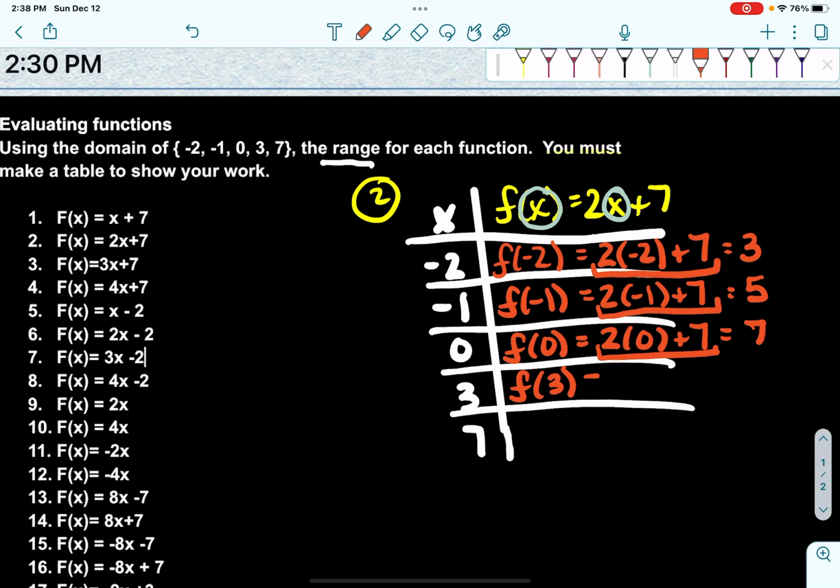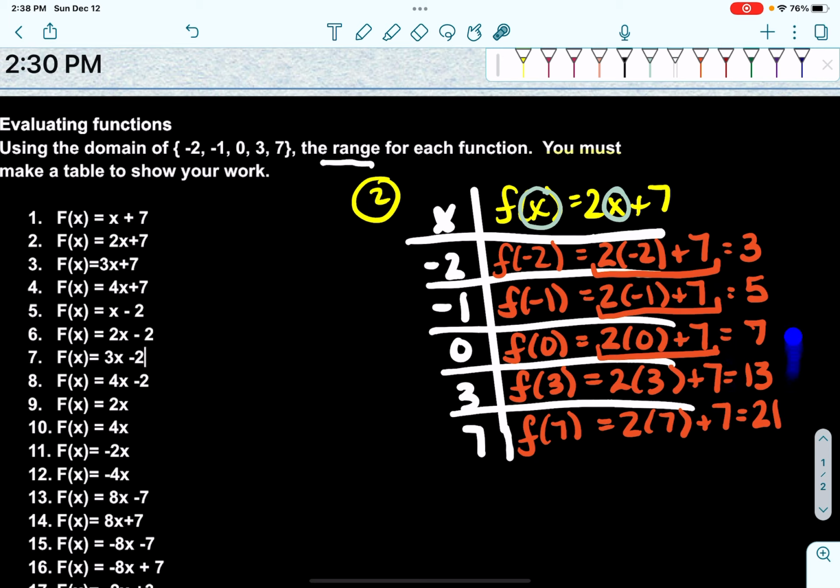The next one's 3. It's going to give me 13. And then 7. That's 21. So listen, all of these numbers are the range.